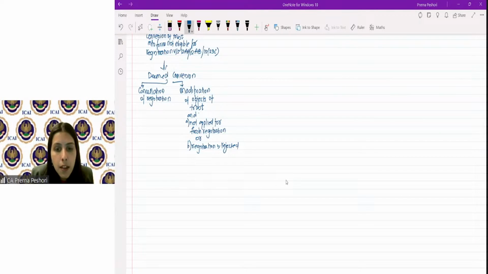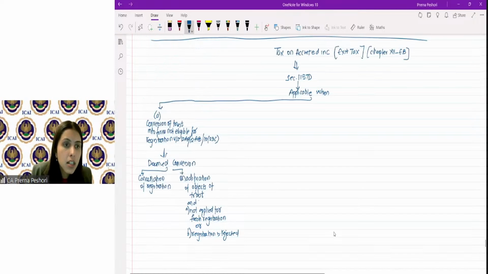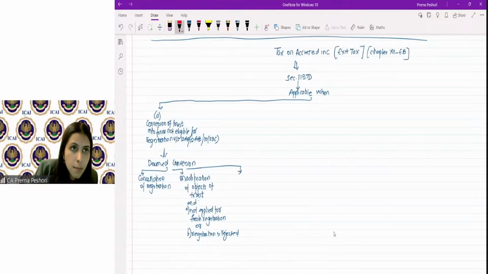Fine. Third scenario, it has failed to make an application for reapproval or re-registration, where the period of registration is due to expire. Okay, so basically, this is the amendment.